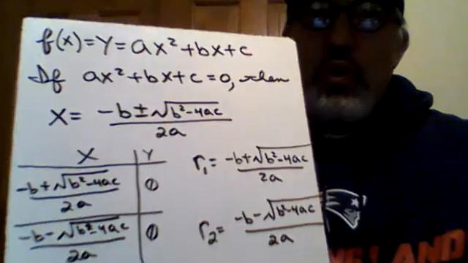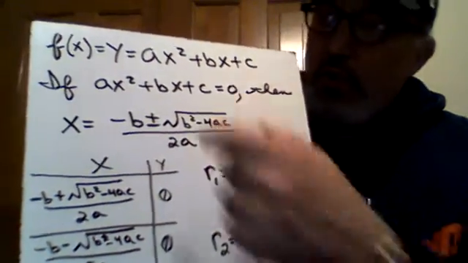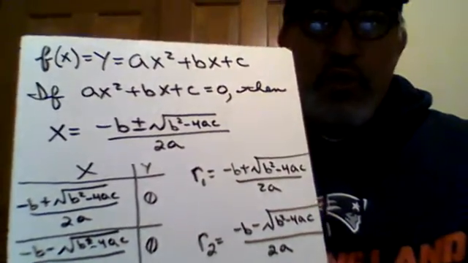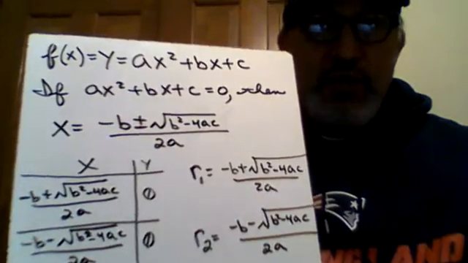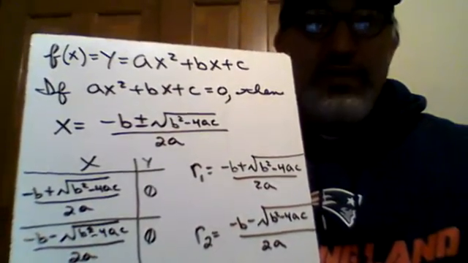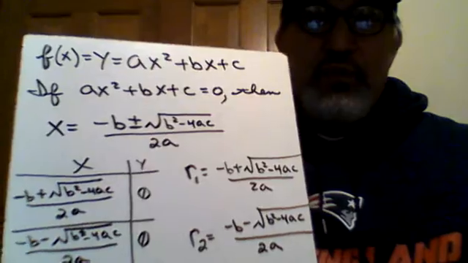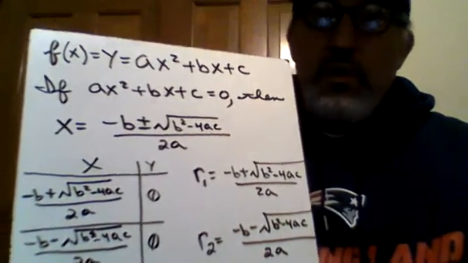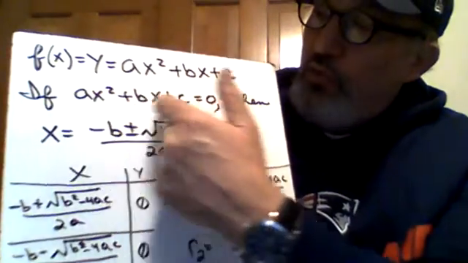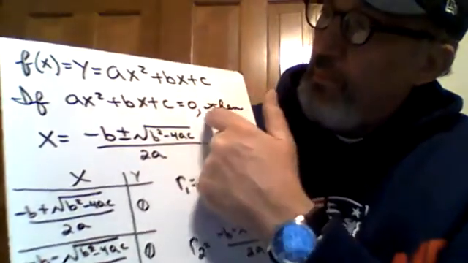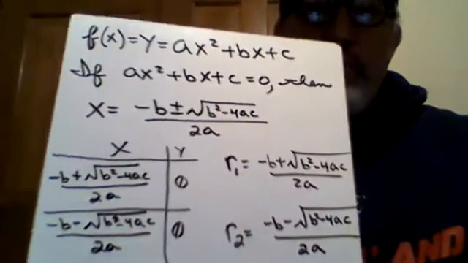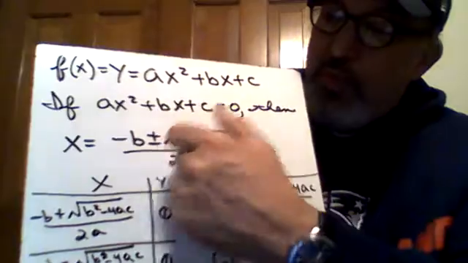Our standard form quadratic function up above, we set the function equal to 0 and solve for x by completing the square. And we get the famous quadratic formula. When we solve this equation for x, we get two solutions indicated by the plus or minus.